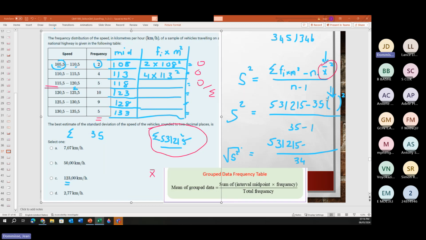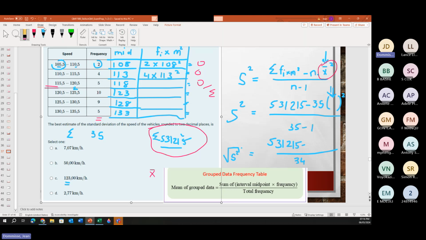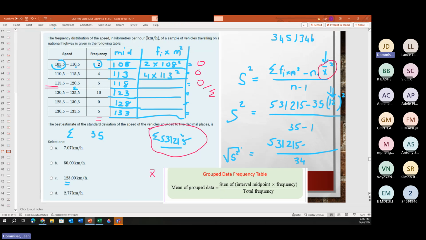Okay, so what was that? 125. Or sorry, I worked out the mean as 123. So it was very close to the original one that I guessed, 125. So let's quickly check now if this is actually coming out as one of these answers.